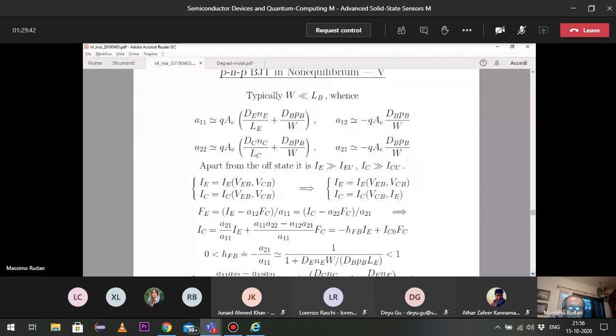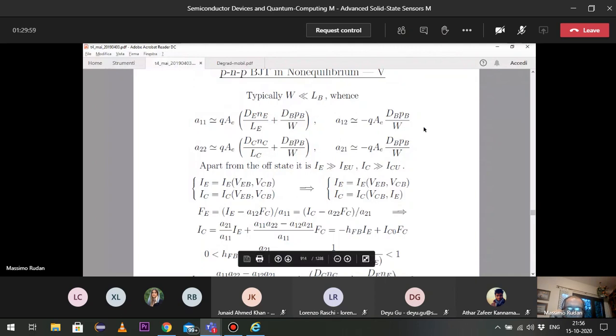Thanks to this, we can formally express the relations between the currents and the voltages of the bipolar transistor as it is typically done in the circuit theory, as a double bipole.